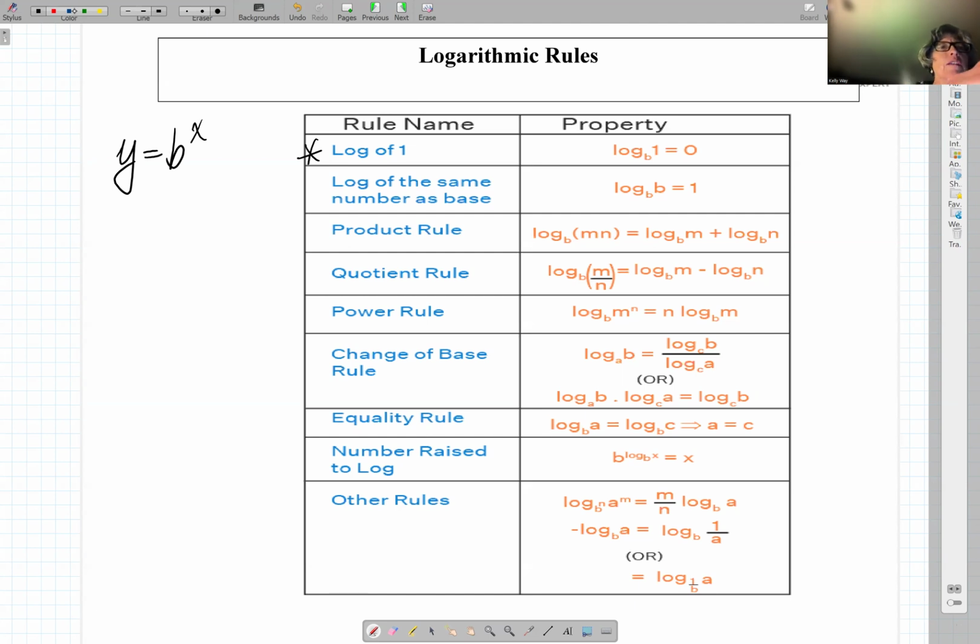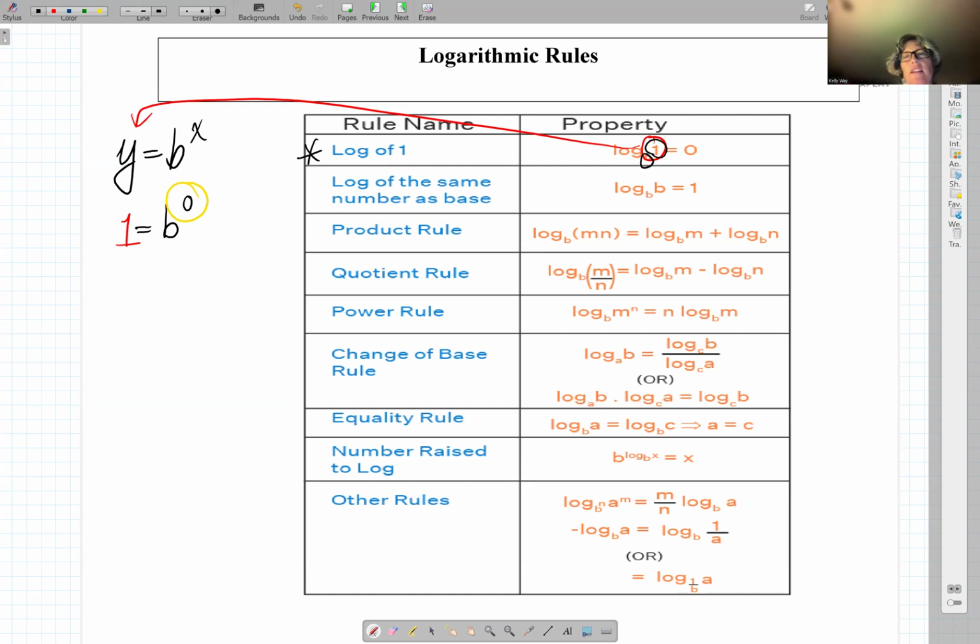And so saying the log of 1 means what would get me 1 here, and that is 0. So any base to the 0 power is 1. Therefore, the log of any base to 1 is 0.